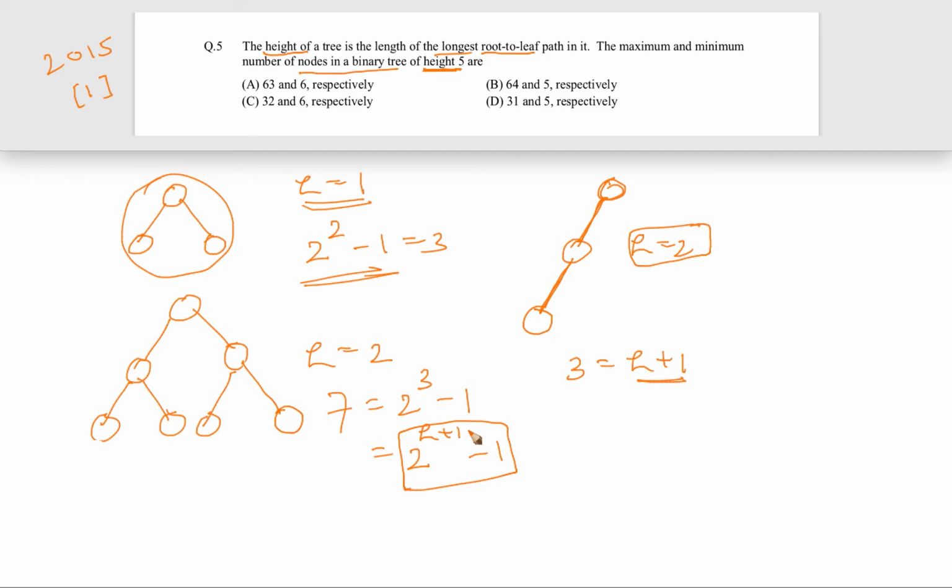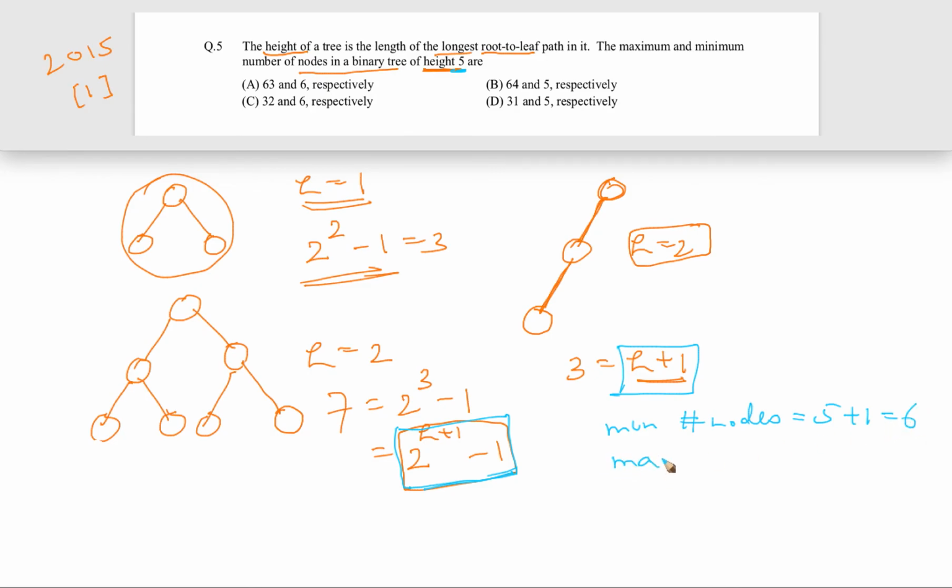Okay, so we have got two formulas. One formula is h plus 1, which is the minimum number of nodes for height h, and this is the formula for the maximum number of nodes which a binary tree of height h can have. Now they have given this 5. For 5, what is going to be the minimum number of nodes? Minimum number of nodes is h plus 1, which is 5 plus 1, which is 6.